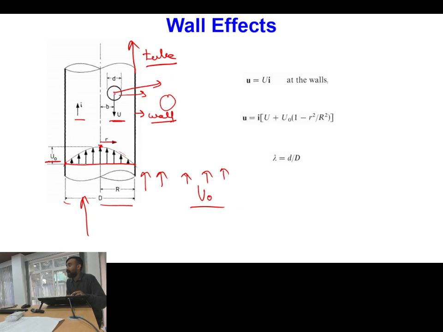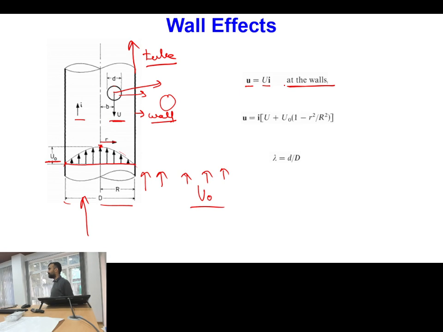So with reference to the particle, the wall will be moving in upward direction with velocity equal to that of the particle velocity. So that's why in my velocity formulation I can write u vector is nothing but u i at walls.